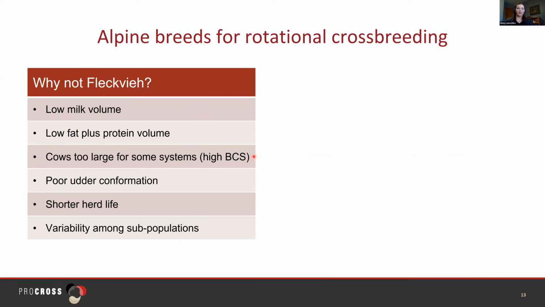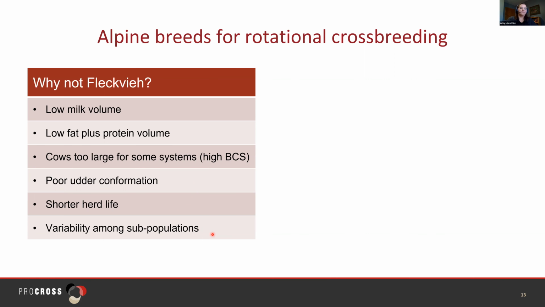They have very high body condition scores and high muscling scores. There are some systems where that is very desirable, but in other cases, this could create problems. They often experience early culling and shorter herd lives because of this udder conformation situation that producers often experience.